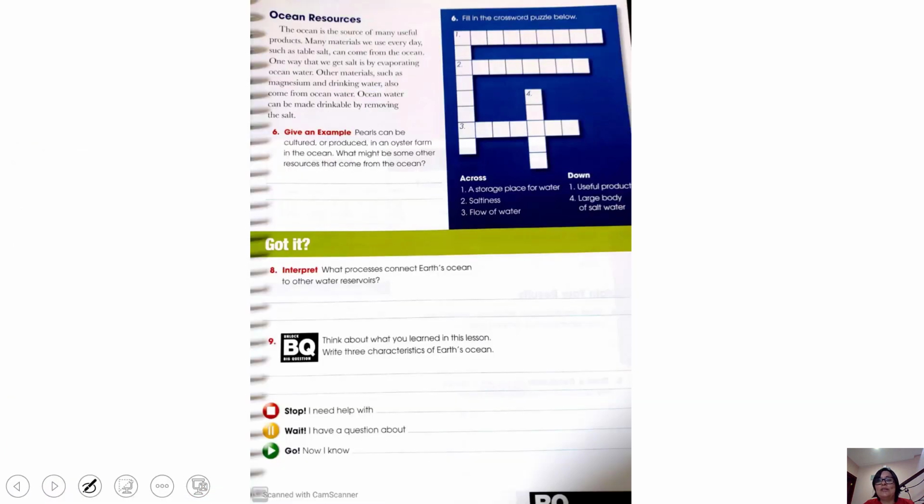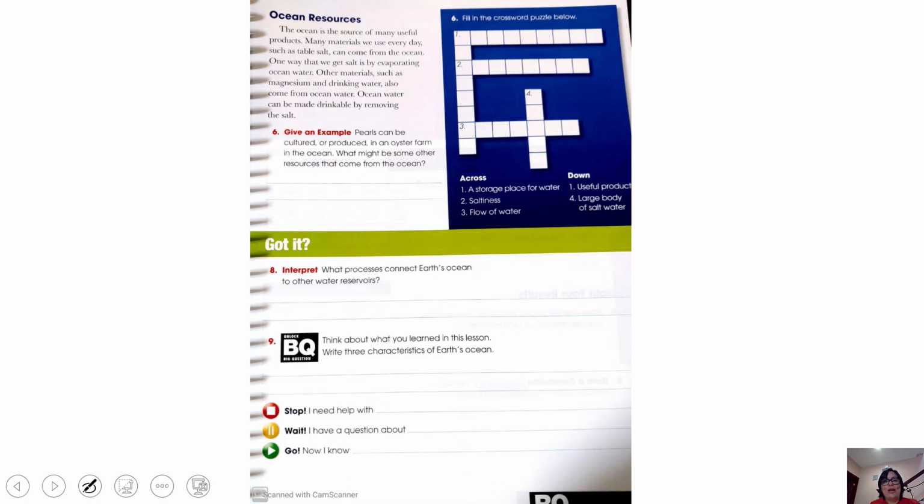Now let's go to the next page, the last one, page 233, ocean resources. What is a resource? A resource, guys, is something useful for you, something that you can use to survive or for your life. The ocean has things that we can use for our daily life.